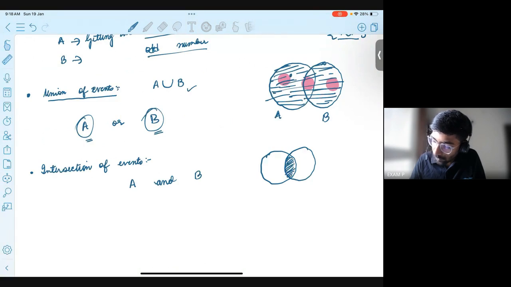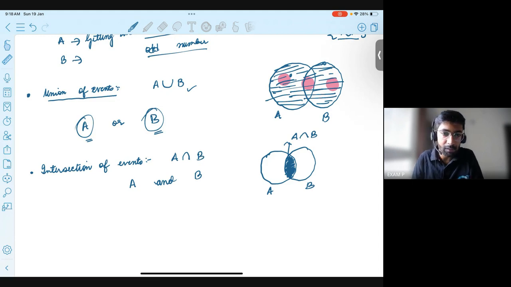This is the common part, right? So if this is set A or event A and this is the set of event B, then this is the event of A intersection B. Notationally, how do you write this? A, the reverse of union. So A intersection B. The common part of A and B is called intersection. Clear?